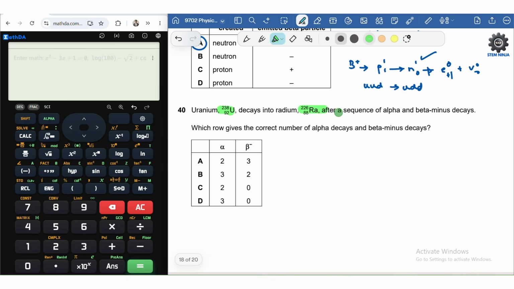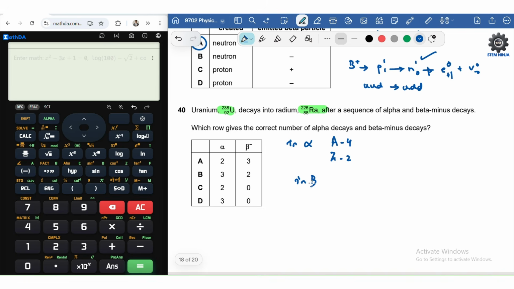Uranium-238-92 decays into radium-226-88 after a series of alpha and beta minus decays. Which will give the correct number of alpha decays and beta minus decays? Okay, so remember, in alpha decay, mass number decreases by 4 each time and proton number decreases by 2.